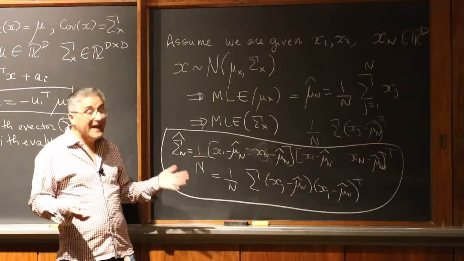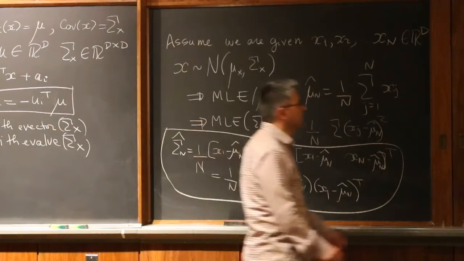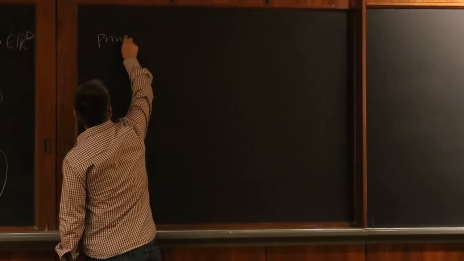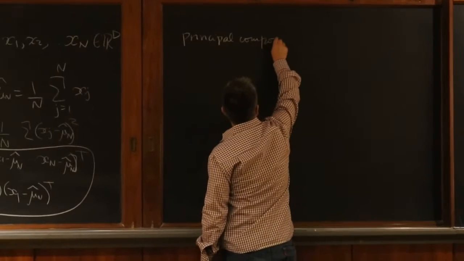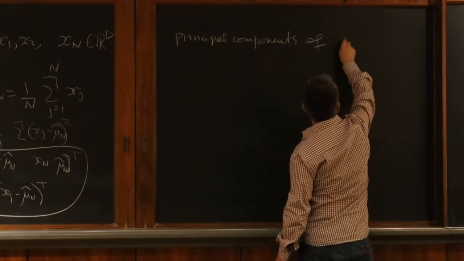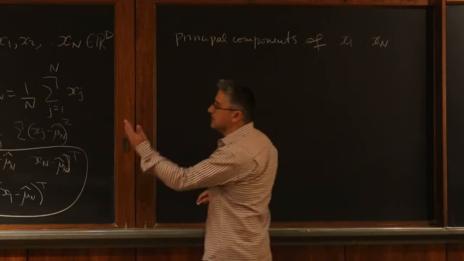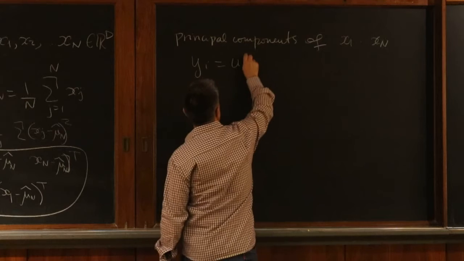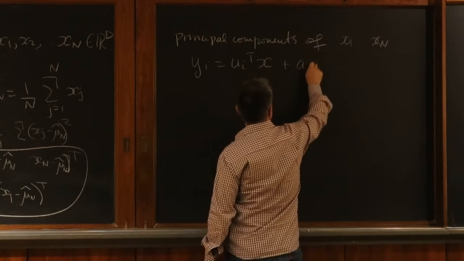So now I can just pretend and apply everything I did and define the principal components of the data set x1, ..., xn, using exactly the same thing as before: yi equals ui transpose x plus a sub i.